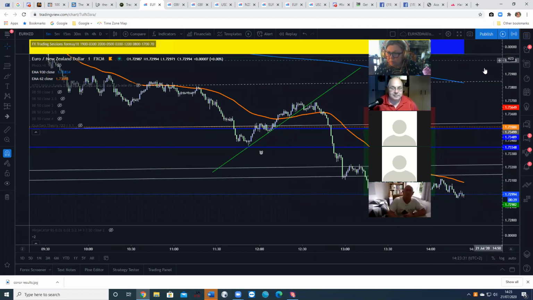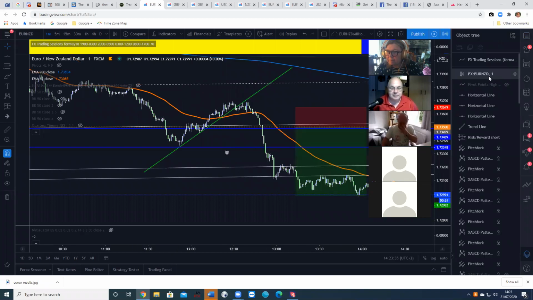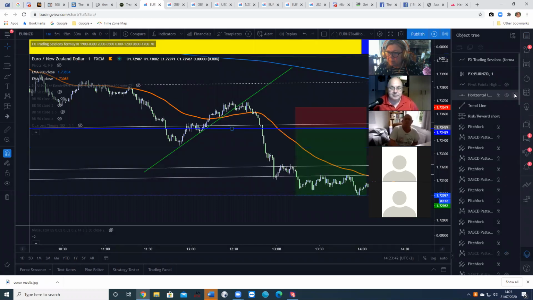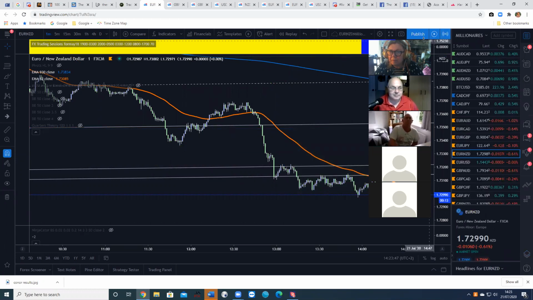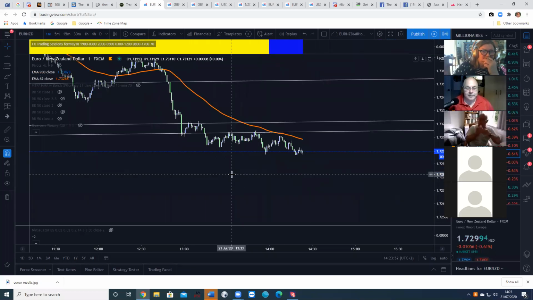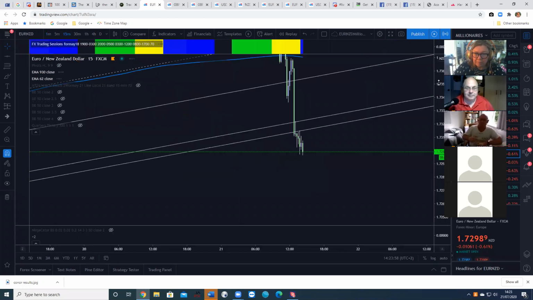And I just want to tidy this chart up. That's it. So it's right outside our scan now. See if there's another scan sitting there.